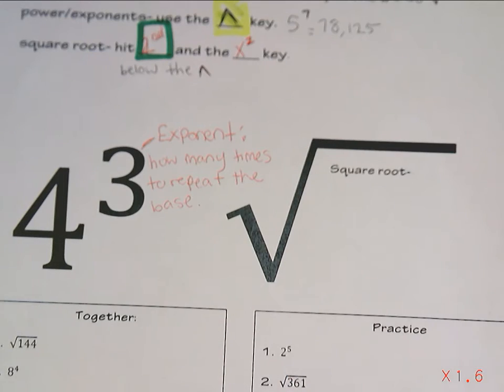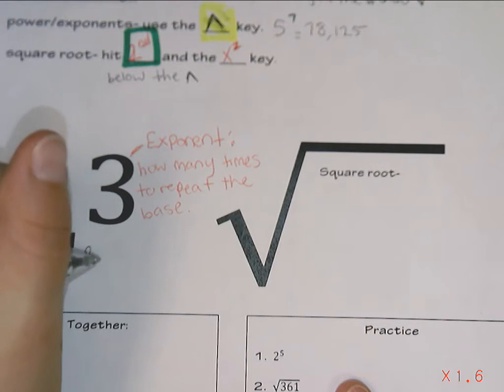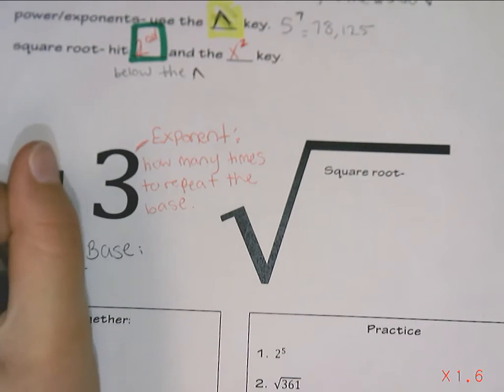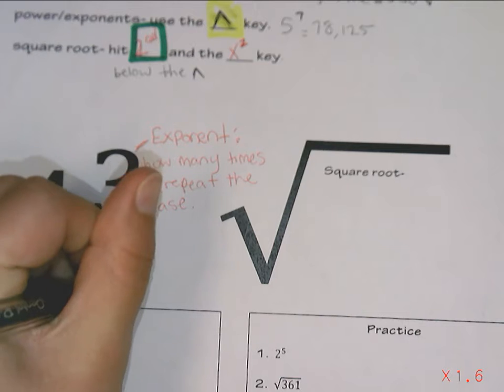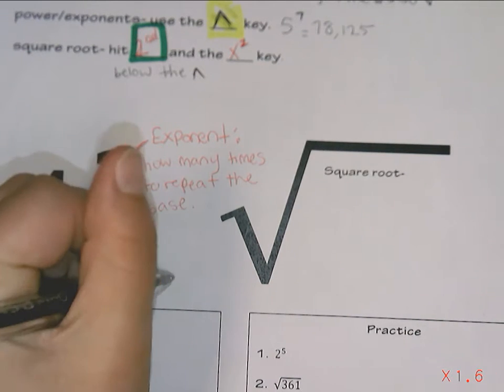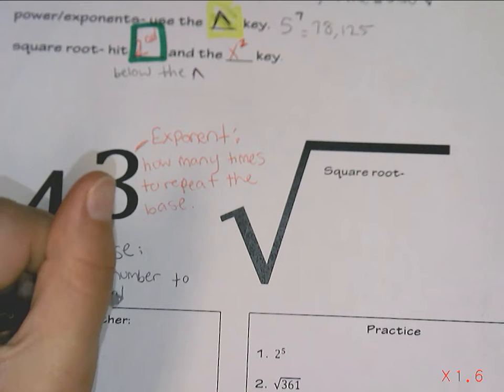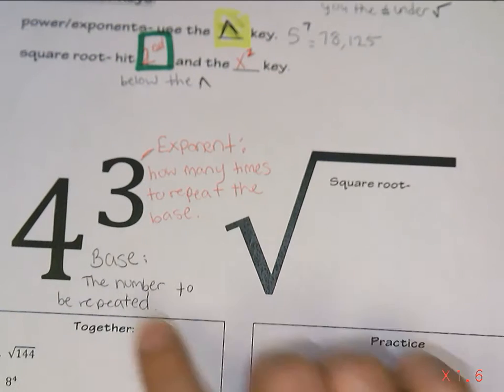And the 4 is the base, and that tells you the number to be repeated. So you have a base and exponent.